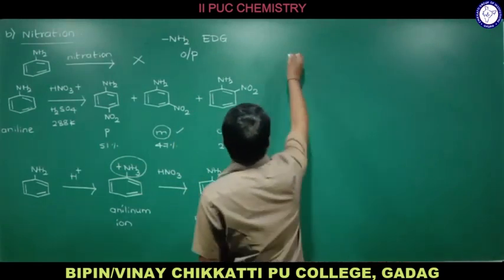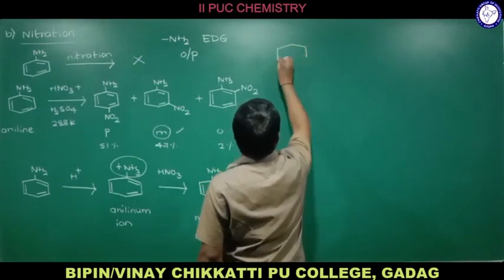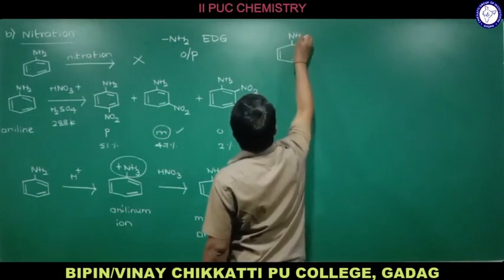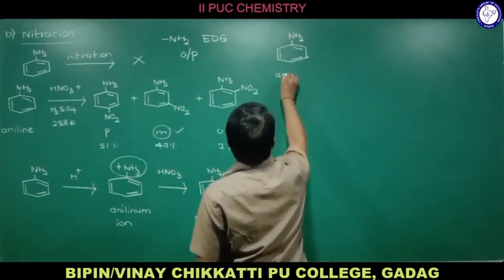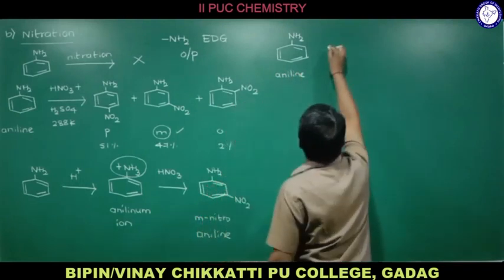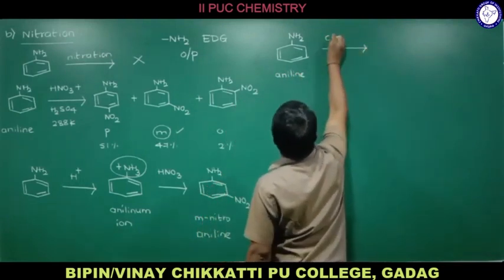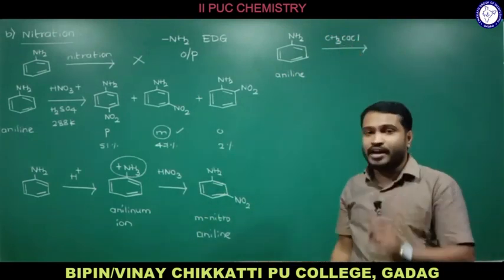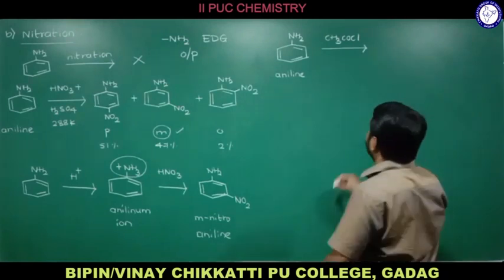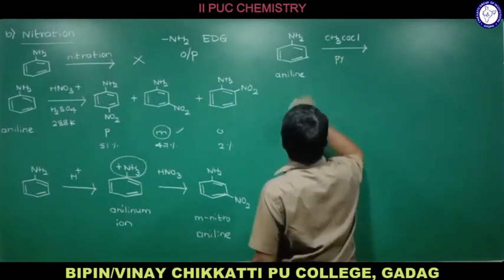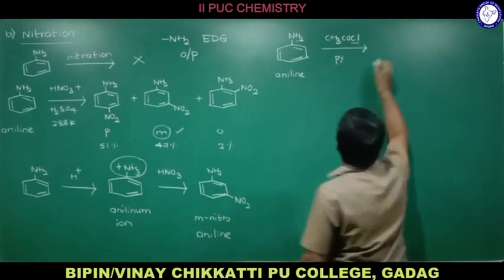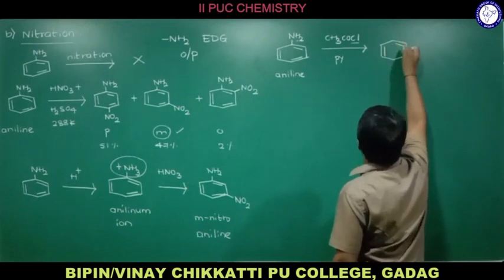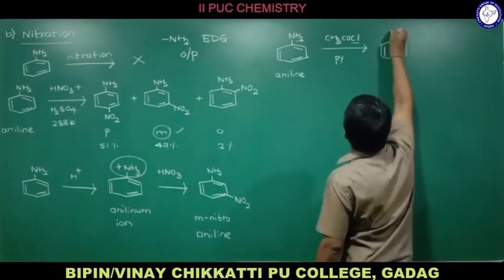The same procedure has to be followed. First you need to consider the acetylation reaction. So this is the aniline that I am going to draw here. Aniline contains a lone pair of electrons. And when acylation is carried out, I consider CH3COCl, remember I told you can consider acid chloride or acid anhydride also, it is left to you, in the presence of pyridine as a base, and there is removal of H and Cl, and therefore we are going to get a product, and that product is nothing but phenyl ethanamide.